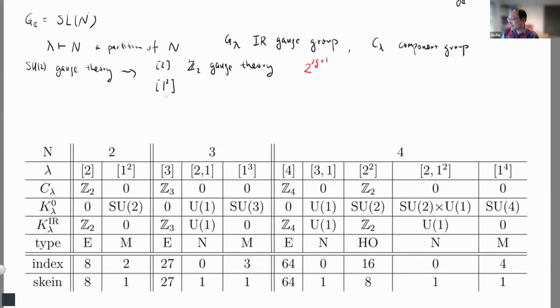So here I will just write G lambda equals Z2. So in the other case, G lambda equals just SU2. So the gauge group is not broken. And that SU2 is actually the same as this K lambda 0.